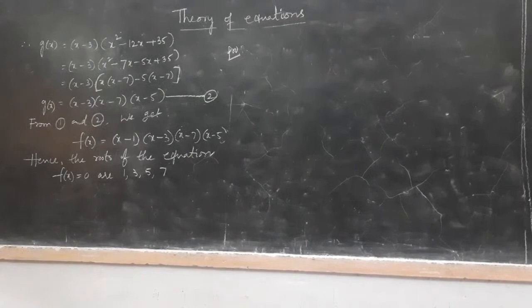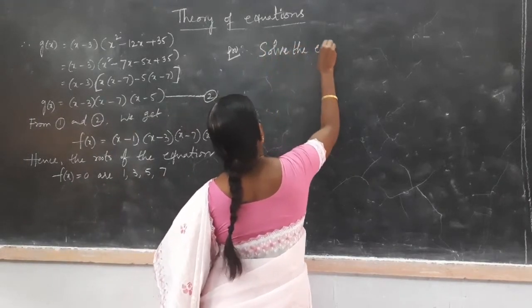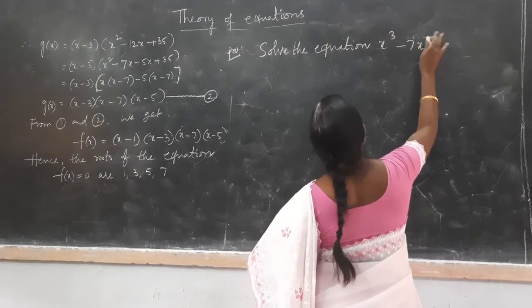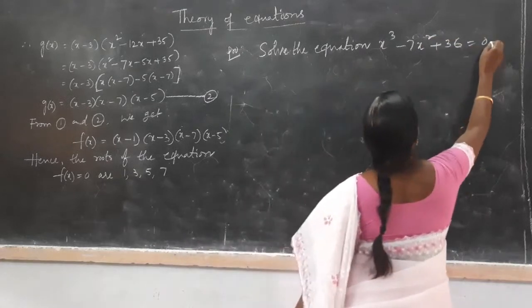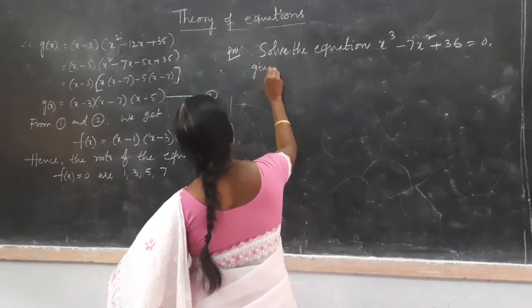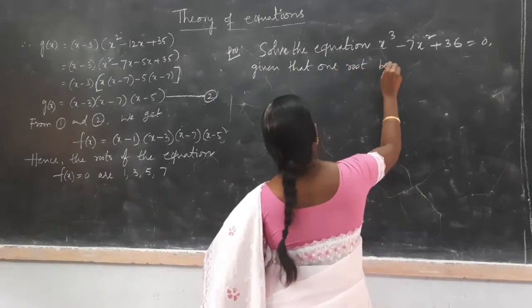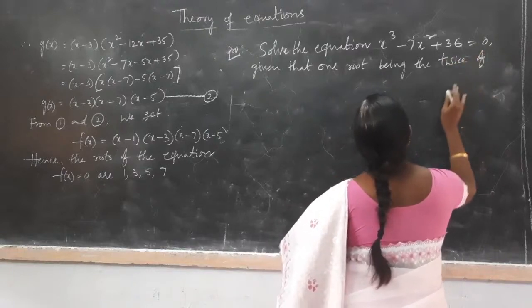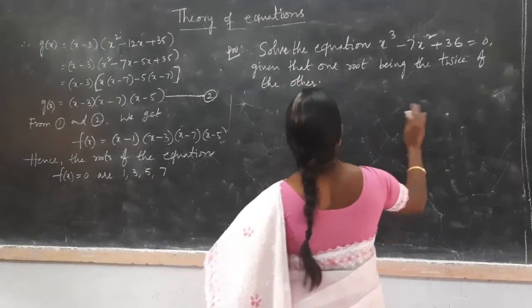Solve the polynomial equation. Solve the equation x cube minus 7x square plus 36 is equal to 0, given that one root being twice the other.